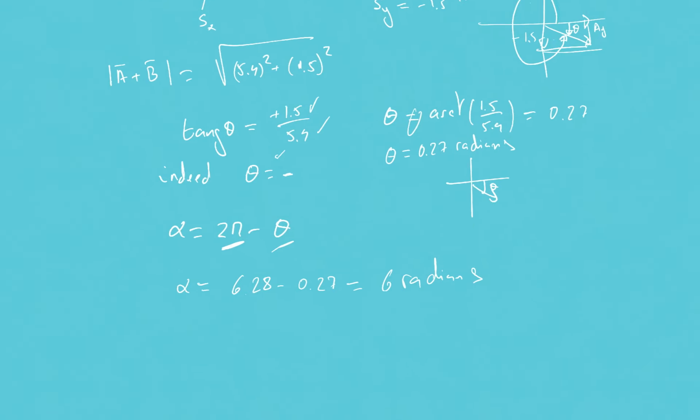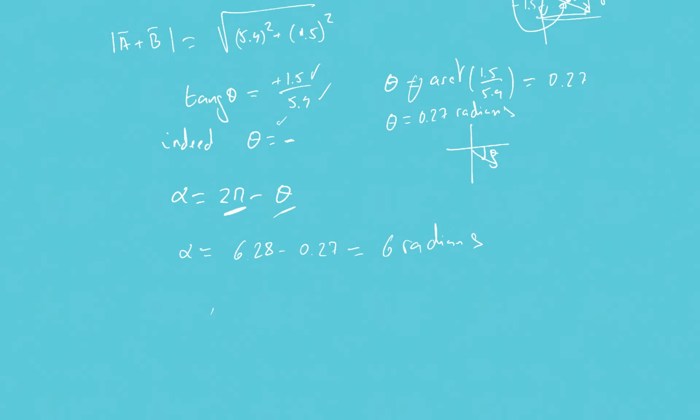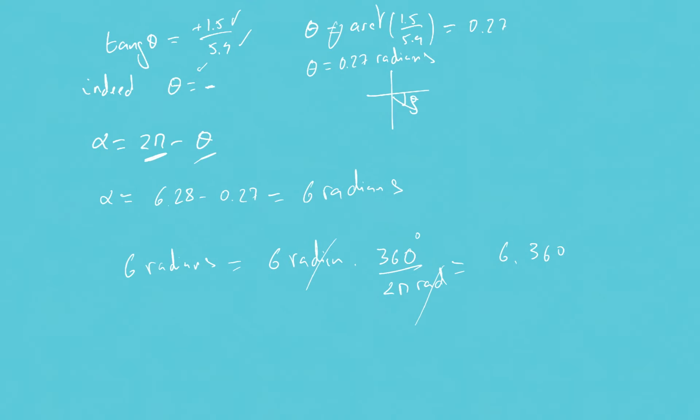And 6 radians, we can convert to degrees. So 6 radians multiplied by 360 divided by 2 pi radians. 2 pi is 6.28.